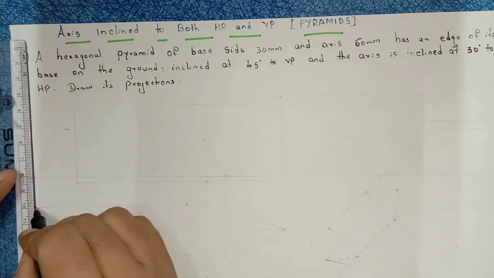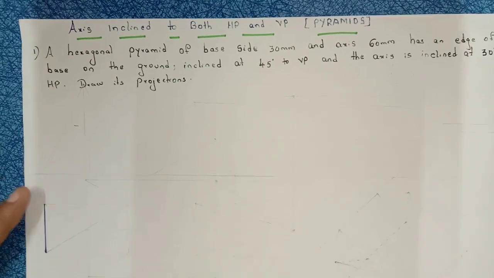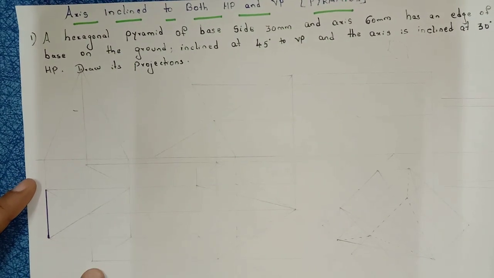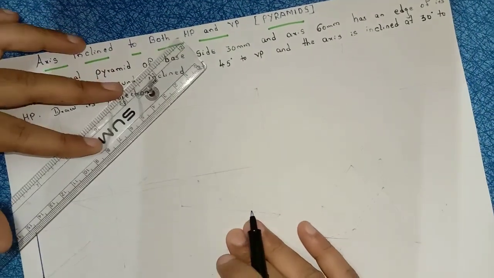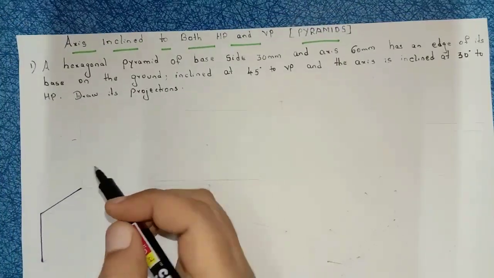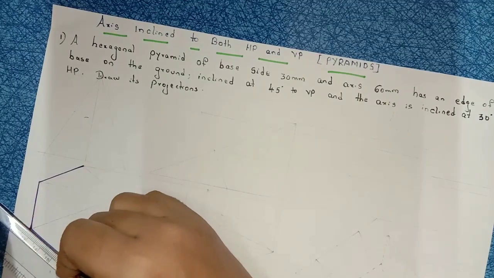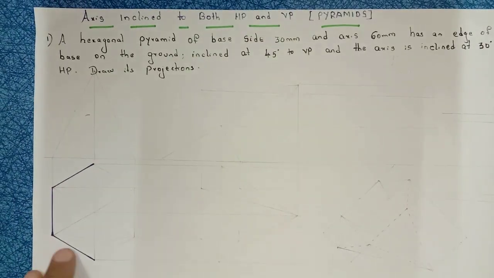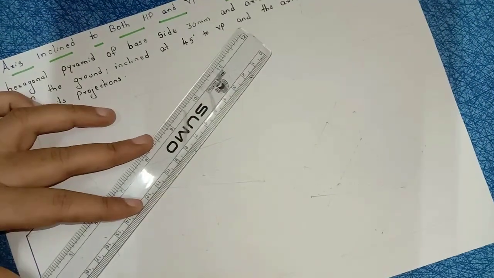Now I am starting with the base here. I will keep my protractor here and mark 120 degrees. Length will be 30 mm. After that I will again place my protractor on this line, and from this point mark 120 degrees with length 30 mm. Again I place my protractor on this line, from this point 120 degrees, length 30 mm.